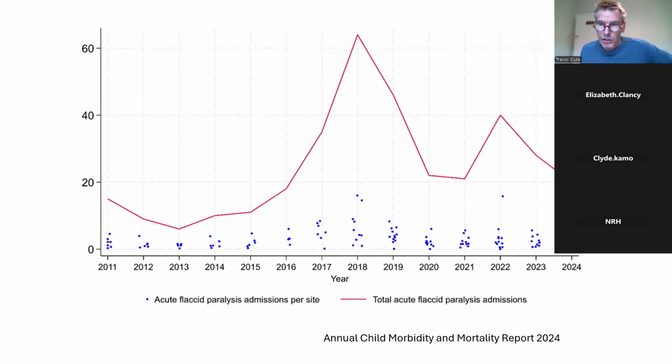It was found in environmental wastewater, in sewage outlets, and it caused very few cases of paralysis, but enough to be concerning. These are the cases of acute flaccid paralysis reported through the pediatric hospital reporting program, and there was a spike in 2018, understandably, because there was a big push to have AFP cases reported.